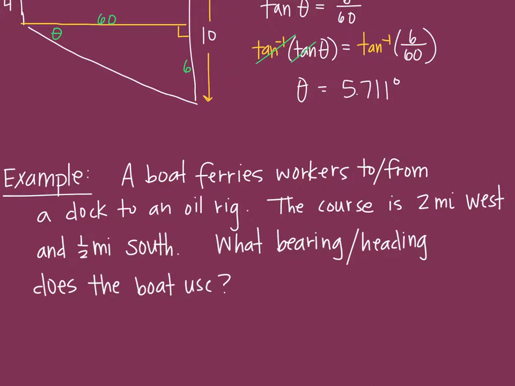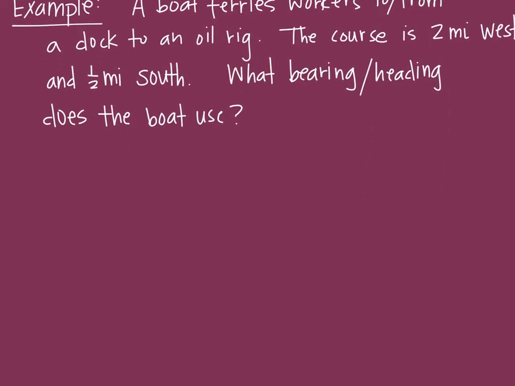We know that the charted course from the dock out to the rig is 2 miles. I need to draw mine. Let's draw this the right way. Seal Beach. The pier is going west. Here's the coast.